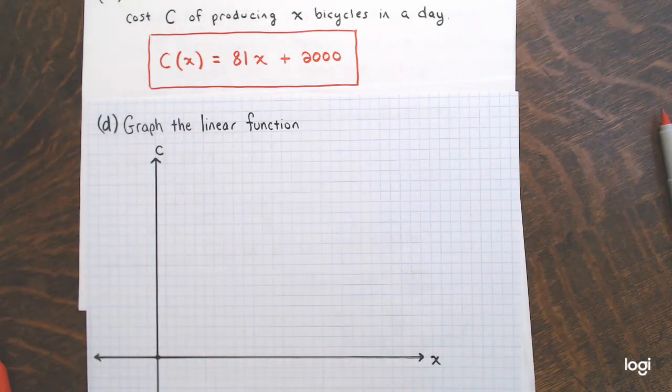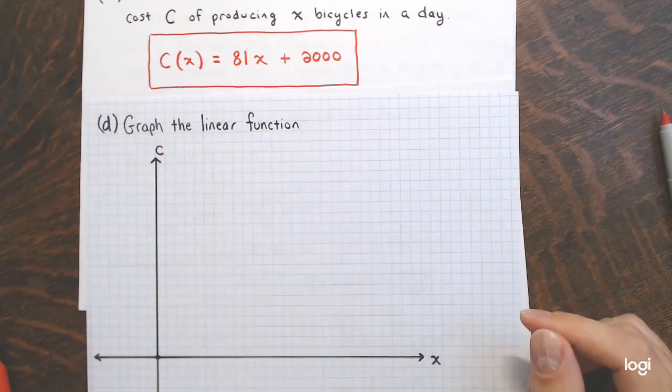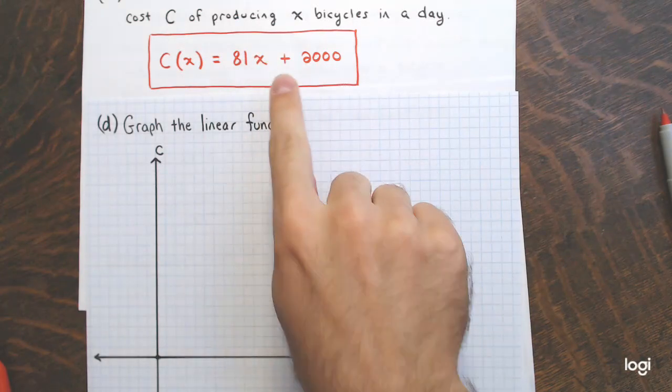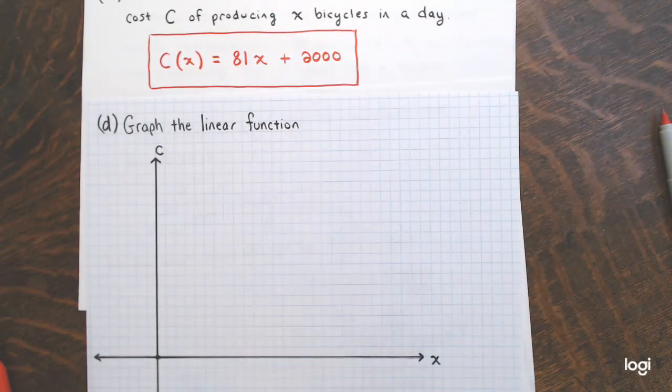So looking at this equation here, looking at some ordered pairs, if I'm asked to graph this linear function, it's got that form ax plus b or mx plus b, so I know the graph's going to be a line. And to graph a line, you only need two ordered pairs, 2 points.